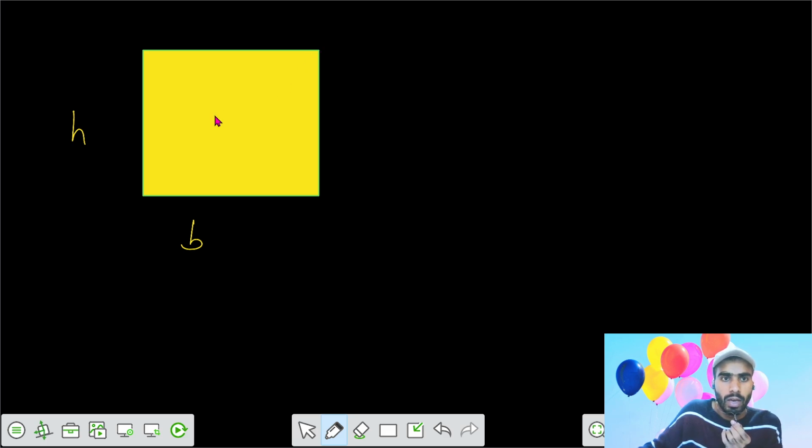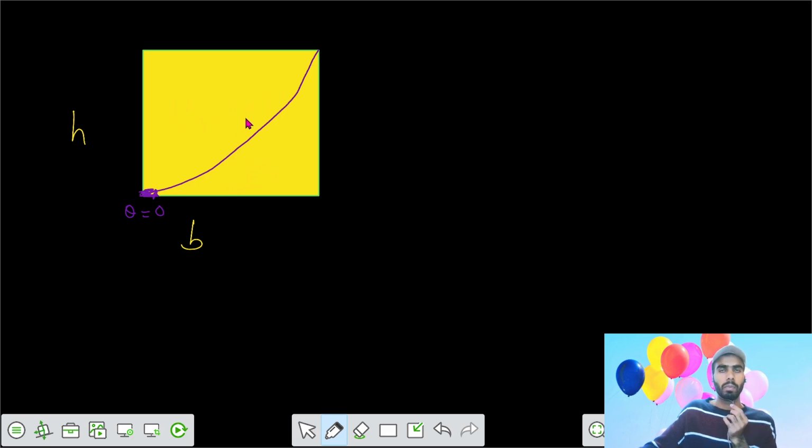If we cut those two, here the theta should be 0. If you want to say these are your parabolic curves, and you want to find the centroid of this part, let's say this is your centroid.